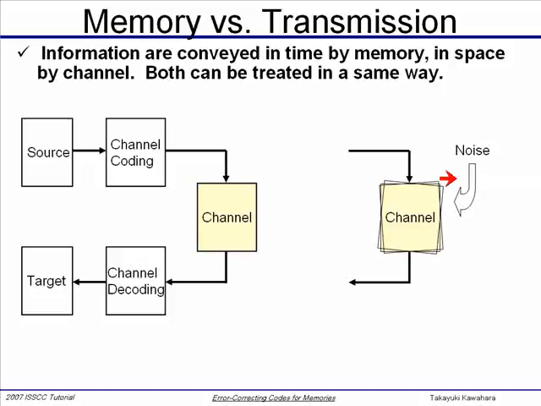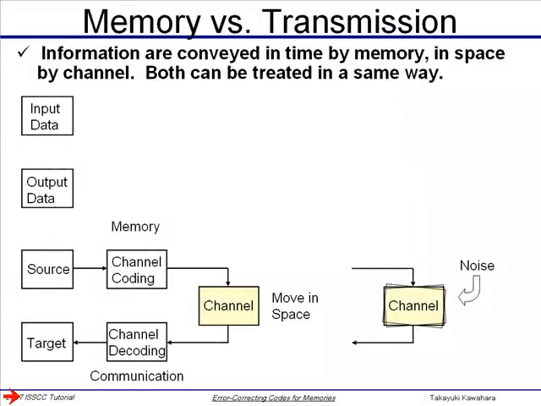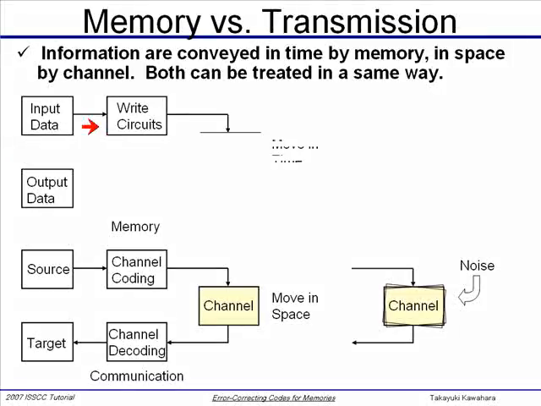It's the same for memory. For memory, the source corresponds to the input data, and the target corresponds to the output data. In the memory circuit, the channel coding is of course the write circuit. Then we write this information to the memory cell. In the memory cell, the information travels in time.